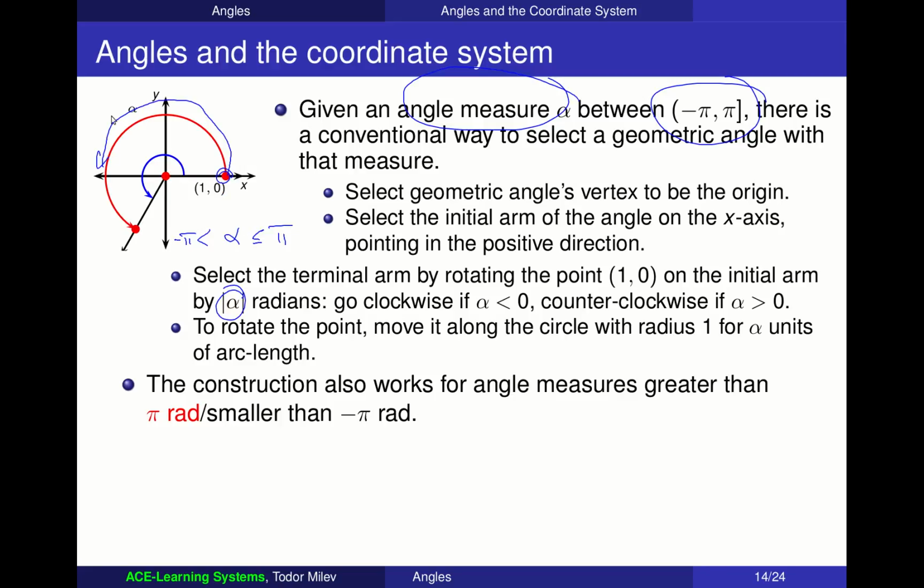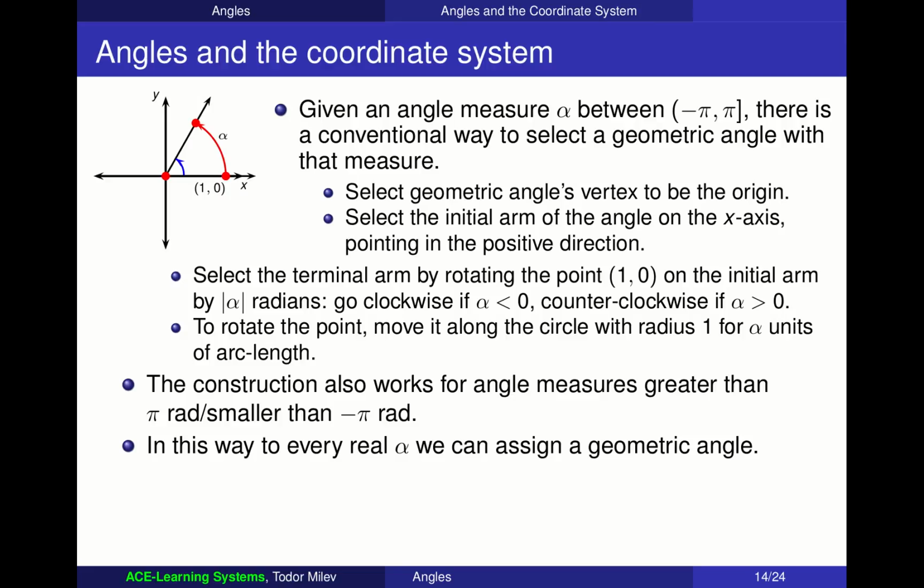So everything that we did here could be carried out if the amount of distance traveled is bigger than pi units, and I could travel on the other side as well. So the construction extends in a straightforward fashion for angle measures which are greater than pi radians or smaller than negative pi radians. I could do more than 2 pi radians as well.